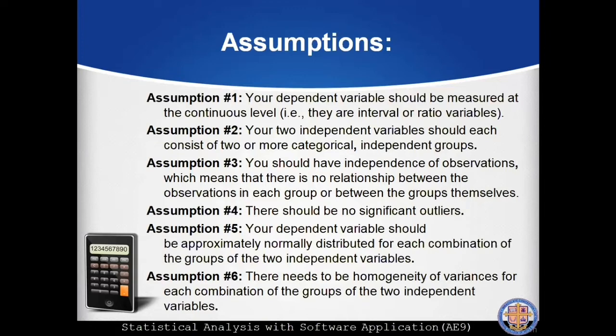Assumption 5, your dependent variable should be approximately normally distributed for each combination of the groups of the two independent variables. So, equally distributed from the mean. Okay, assumption 6, there needs to be homogeneity of variances for each combination of the groups of the two independent variables.